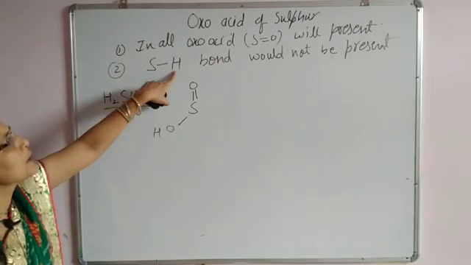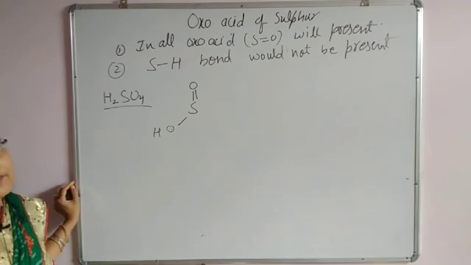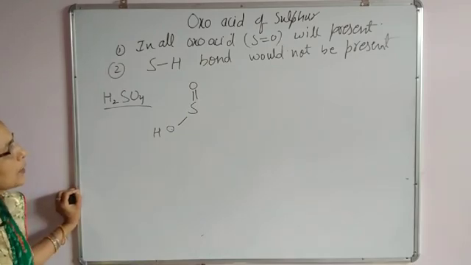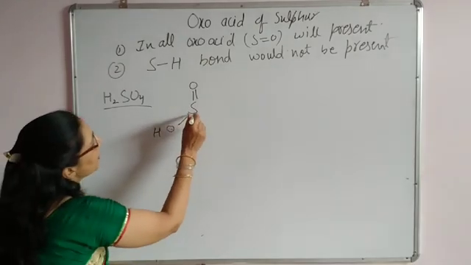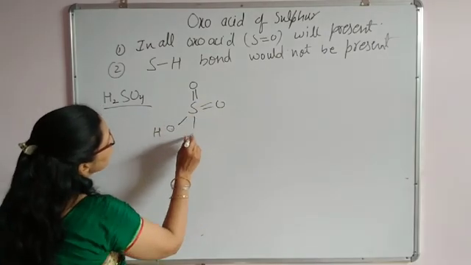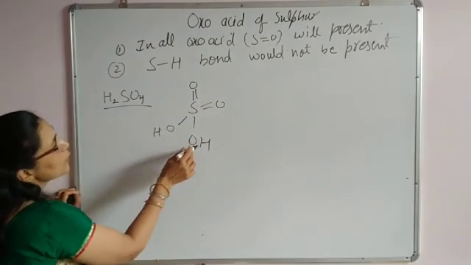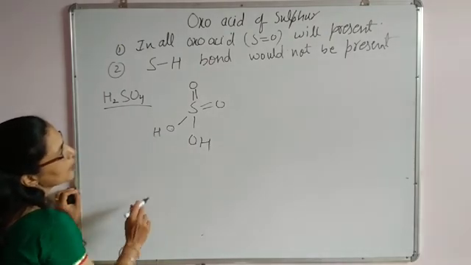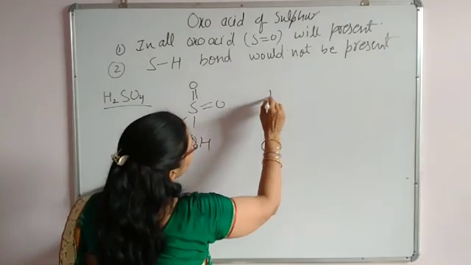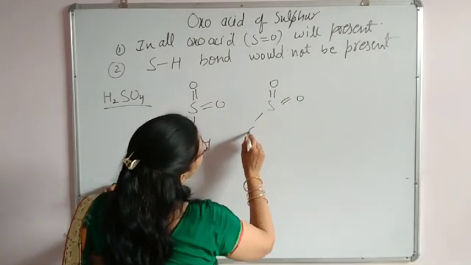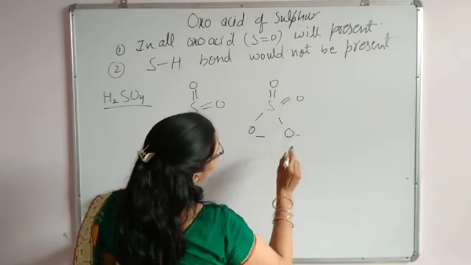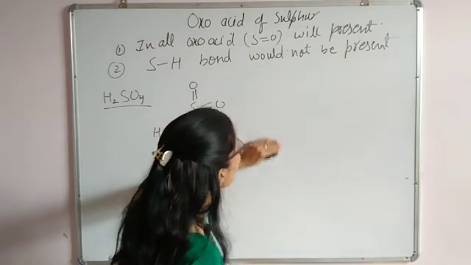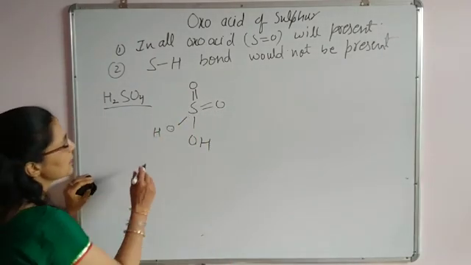It is not responsible for the acidic character of the acid, so there is no need for it in any sulfur containing acid. Now for the rest of the oxygen, as there are 2 hydrogens here, I have put 2 OH bonds. Dibasic nature because from here it will leave. Why? Because the sulfate ion is tetrahedral, in such a manner with O minus and O minus. So always keep in mind that for the rest of the oxygen in sulfur containing acids you will put them in this manner.